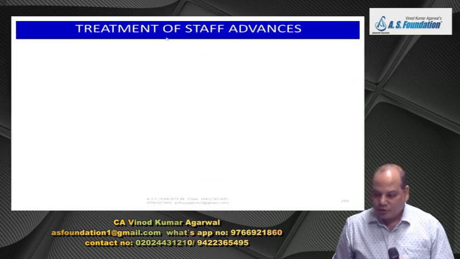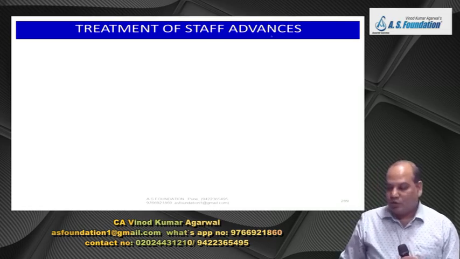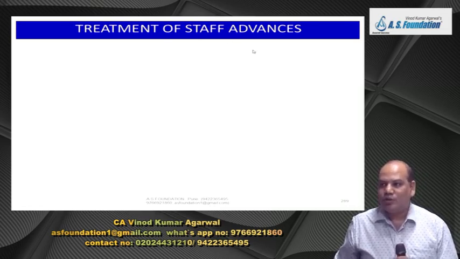Now, in this chapter, we will also discuss one special case called staff advances. Although the standard does not specifically talk about it, the examiner has asked questions on this. Many companies give advance and loan to their employees.